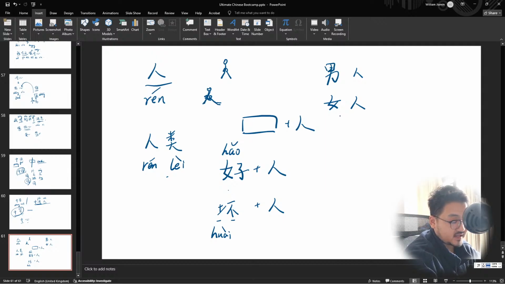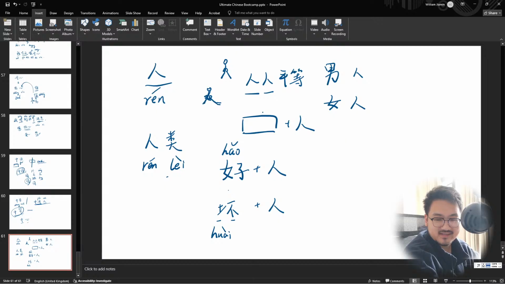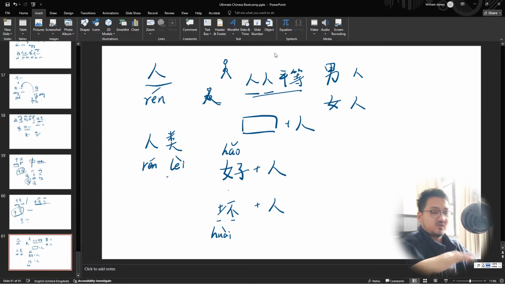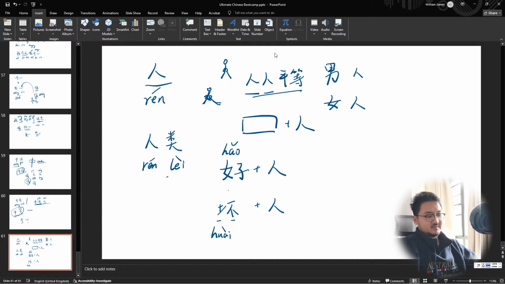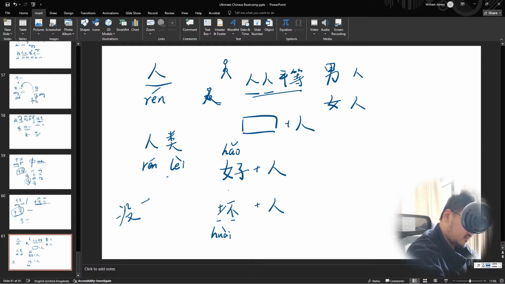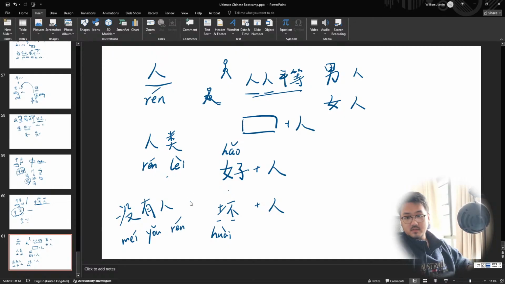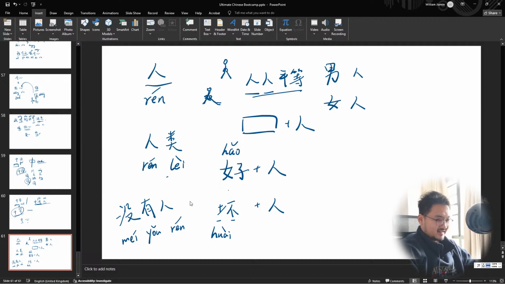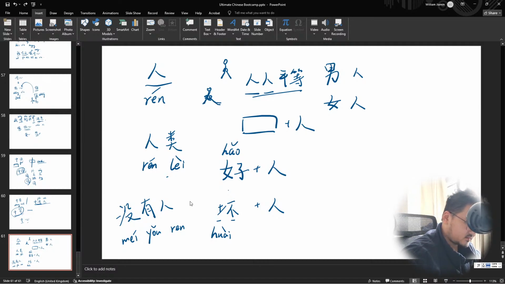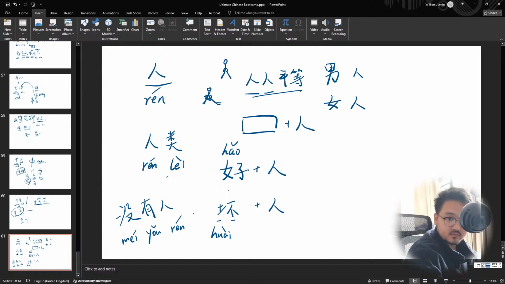For example, you say everyone is equal, 人人平等. 人人 is everyone, 平等 means equal. Everyone is equal. Nobody, 没有人, 没人.